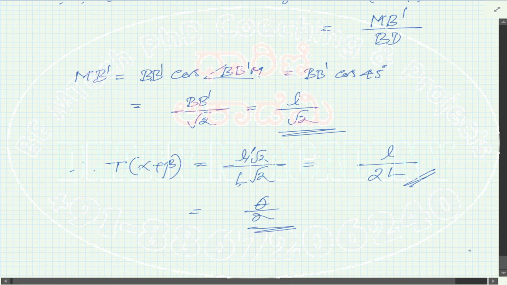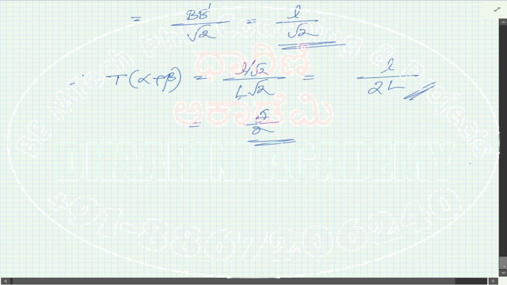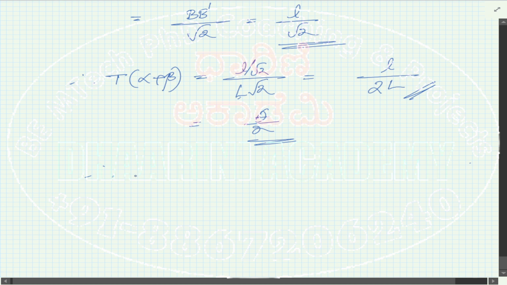So let's move further. On the left hand side, I have T into alpha plus beta is equal to theta by 2. Therefore, what is the rigidity modulus? Rigidity modulus is n. N is equal to T by theta.